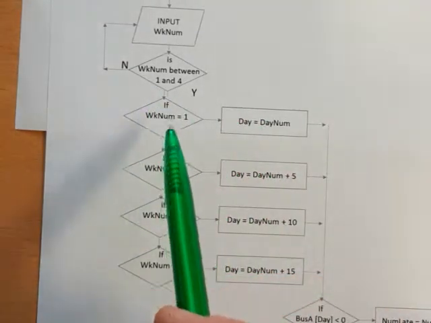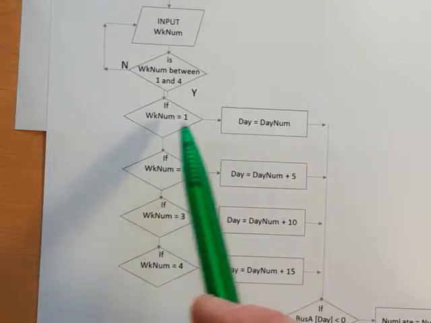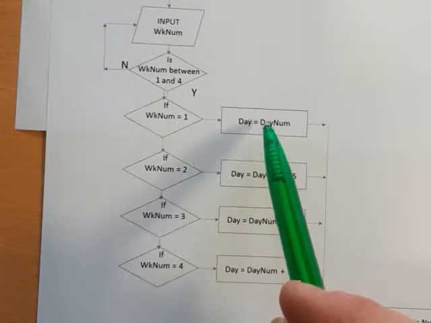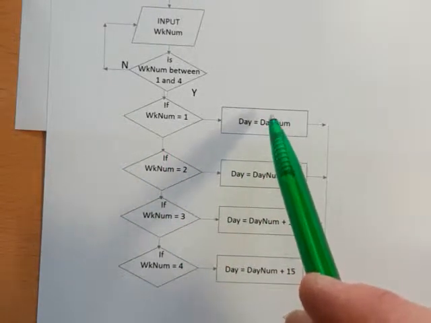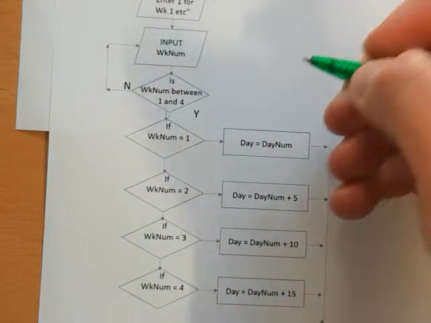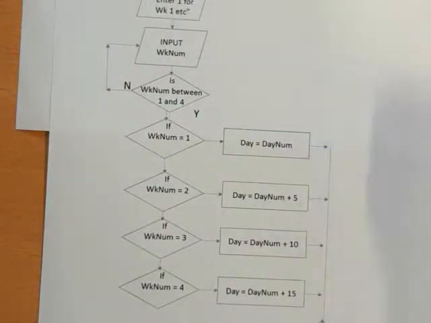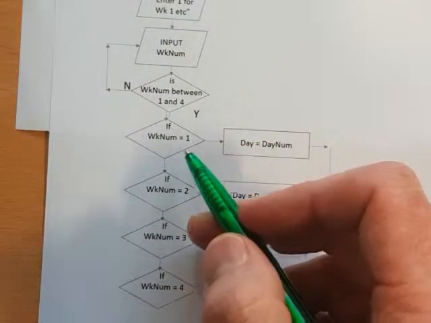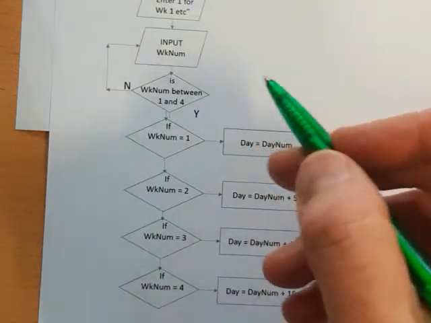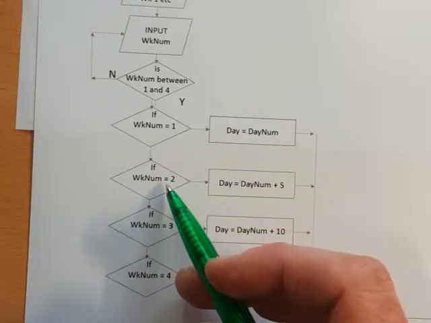So if they type in a week number of 1, that means we can just use the day number because it would be 1, 2, 3, 4, 5. So if you think about it, the days can be 1, 2, 3, 4, 5, 6, 7, 8, 9, 10, 11, 12, all the way up to 20. If it's week 1, then it's going to be 1, 2, 3, 4, 5. If they enter 2, so it's week 2.